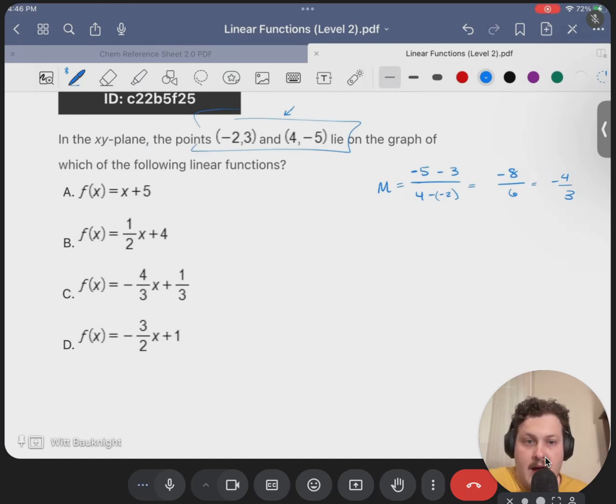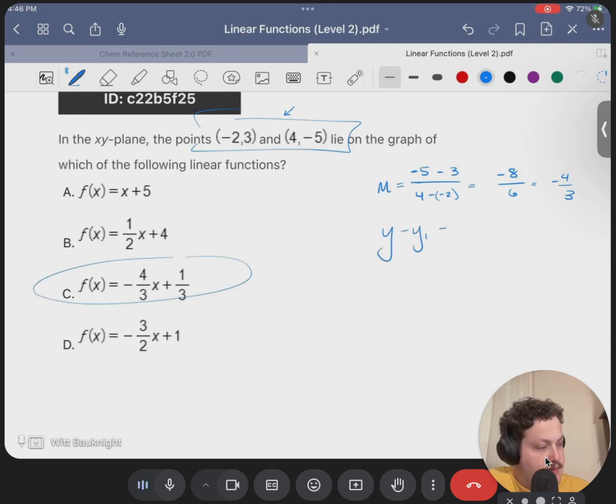Now, I'm almost certain that immediately makes that the answer, but I'm just going to double check. Point slope form follows this here. Yeah, it definitely is C. So let's pick point A: y minus 3 equals negative 4 over 3 times x minus negative 2.